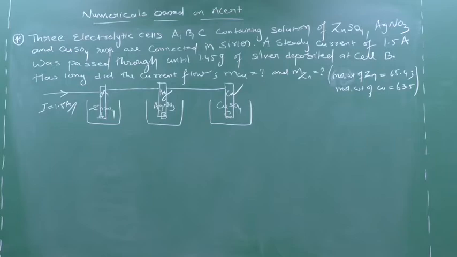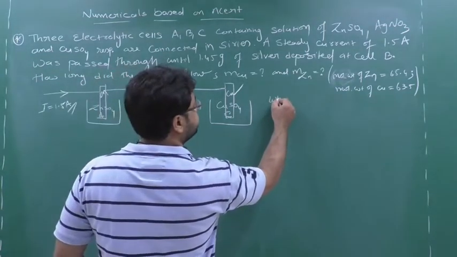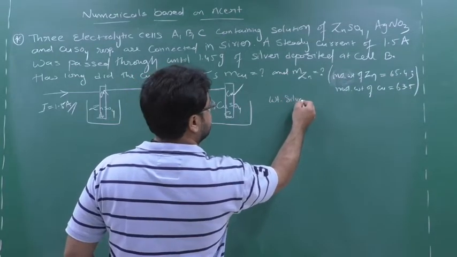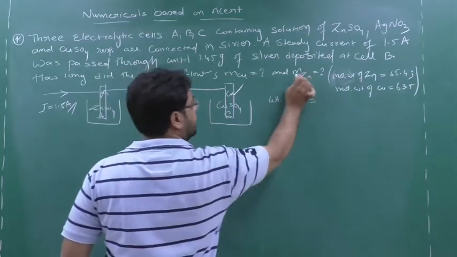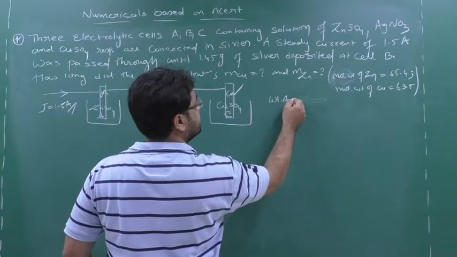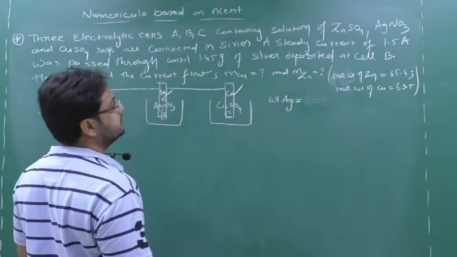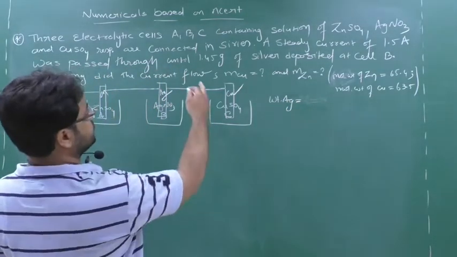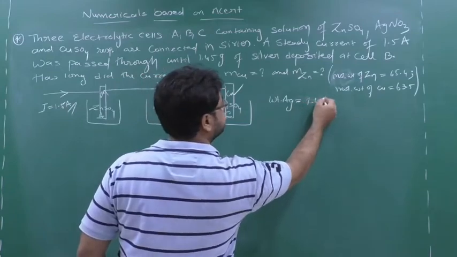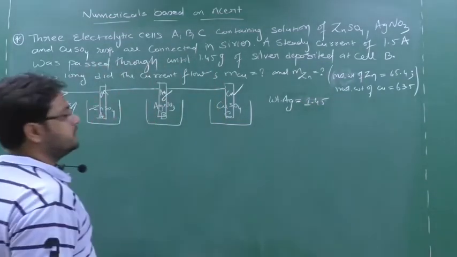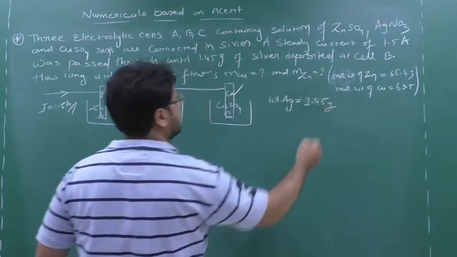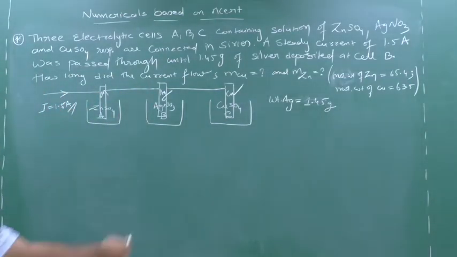until 1.45 gram of silver was deposited in cell B. So the weight of Ag they have given is 1.45 gram. They ask: in cell B, how long did the current flow?